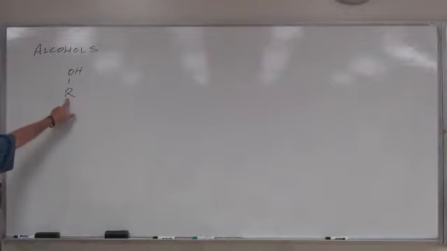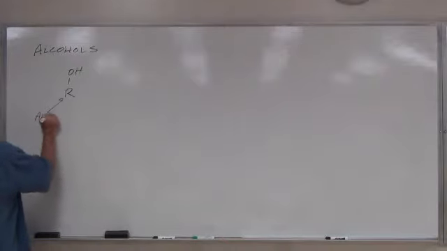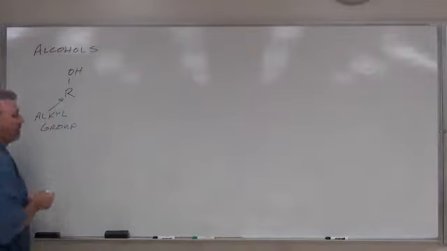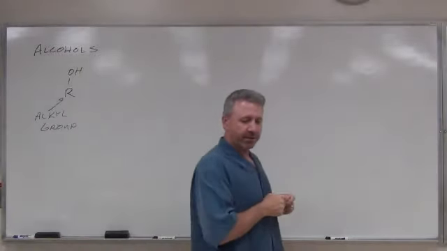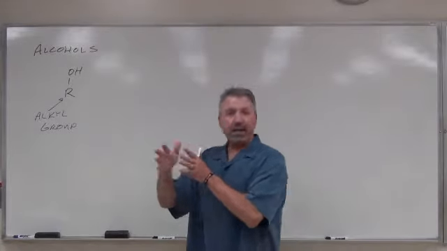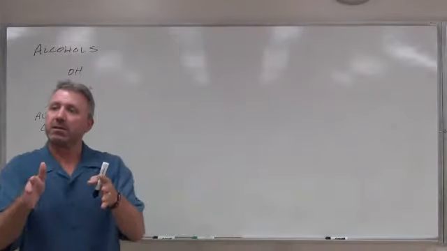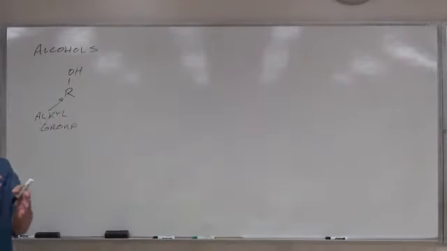This R is a general term for alkyl group. And we know from last lecture that an alkyl group is any of those 10 alkanes. There's more alkyl groups, but for us, you take an alkane, you remove a hydrogen to create a point of attachment, that's an alkyl group.